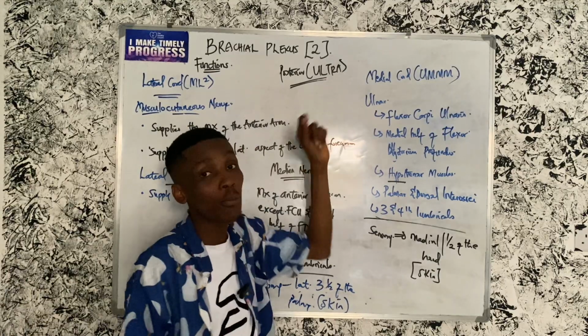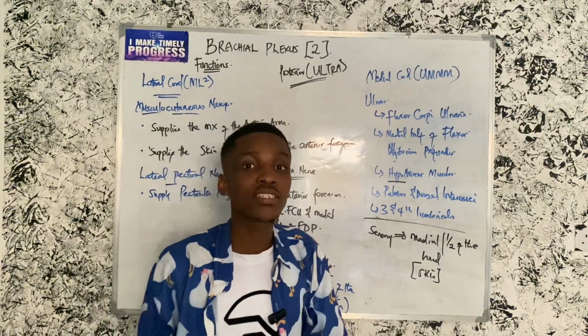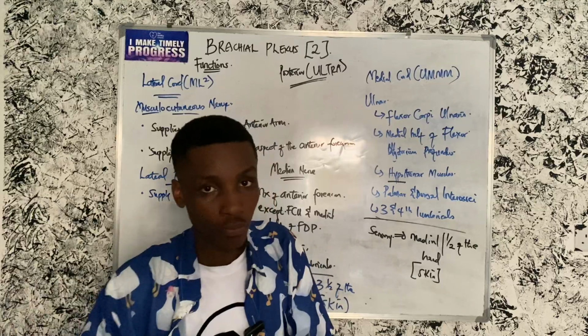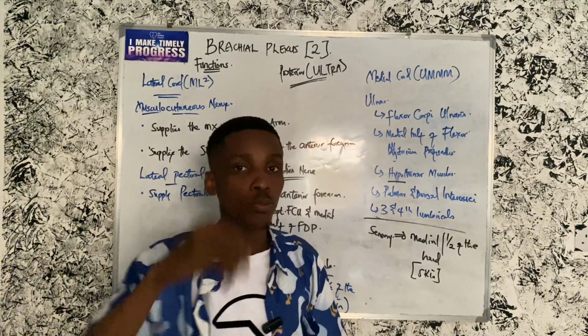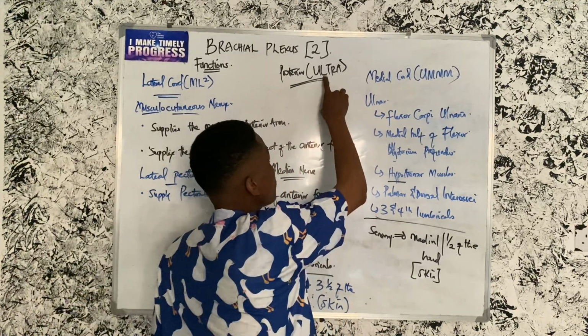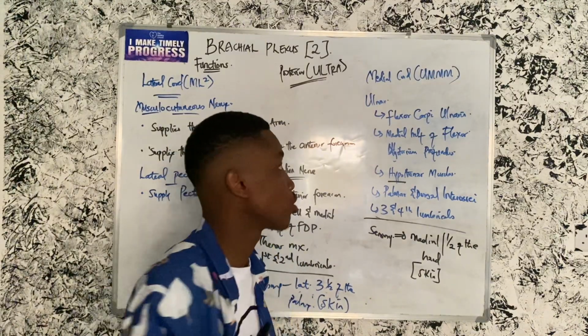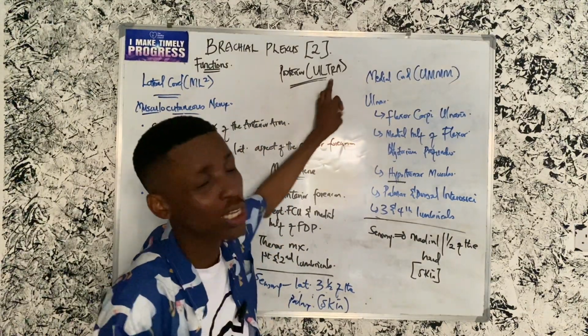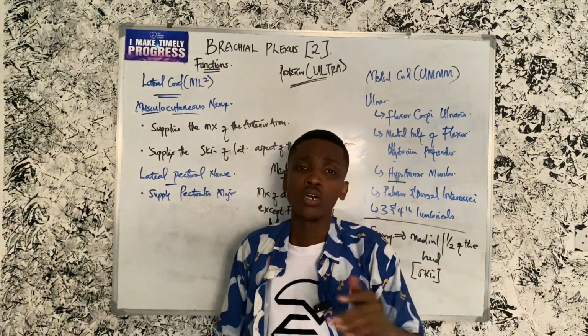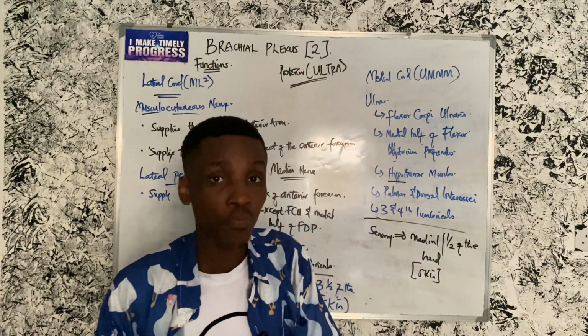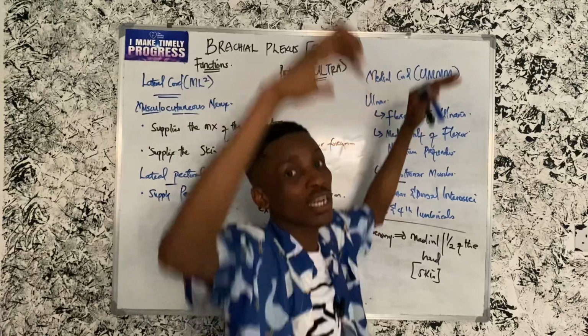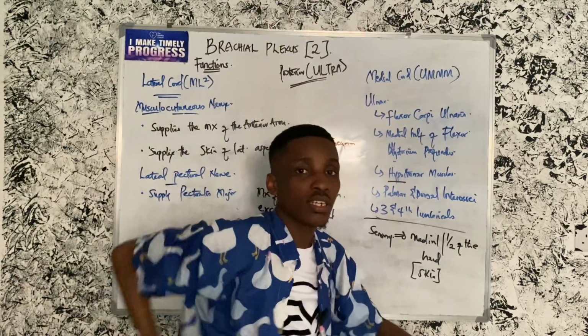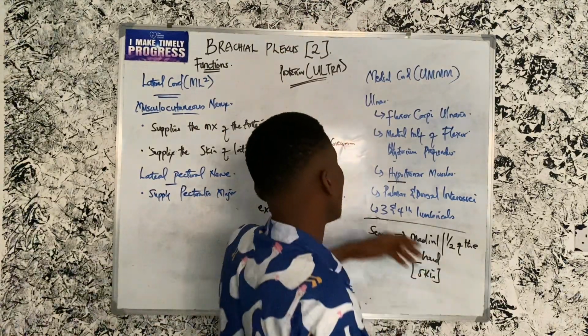Now, lower subscapular alone supplies teres minor. So together they supply subscapularis. Then teres minor is supplied only by lower subscapular. Then thoracodorsal supplies a muscle we call latissimus dorsi. Latissimus dorsi is this muscle that helps us with climbing. When you are climbing, you feel it here, latissimus dorsi.